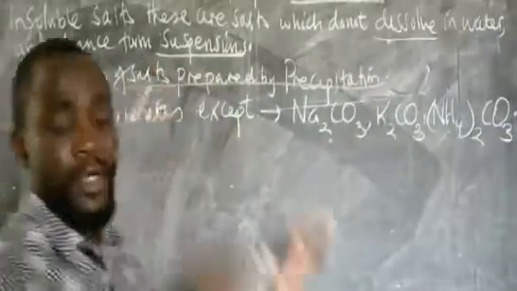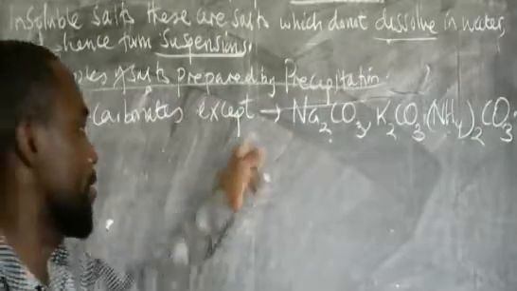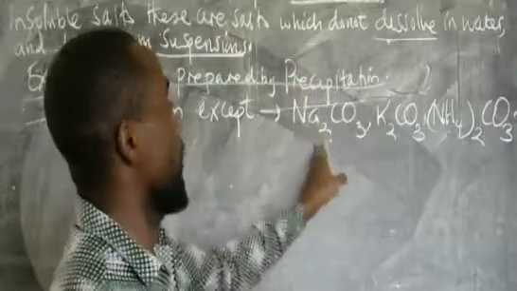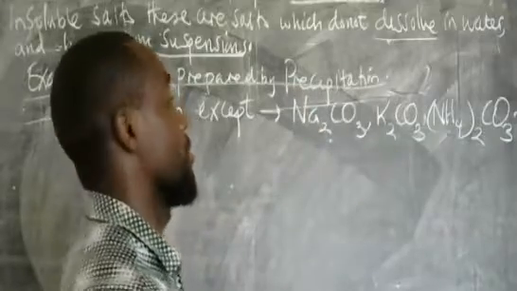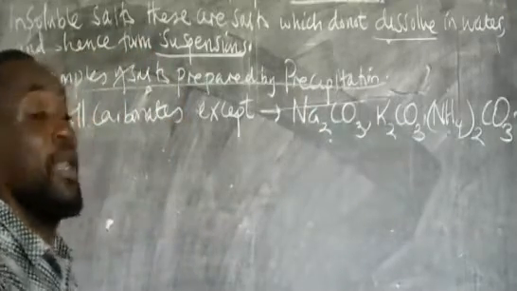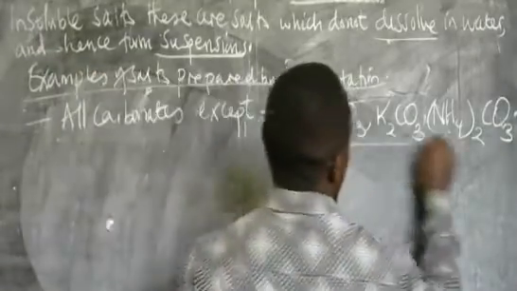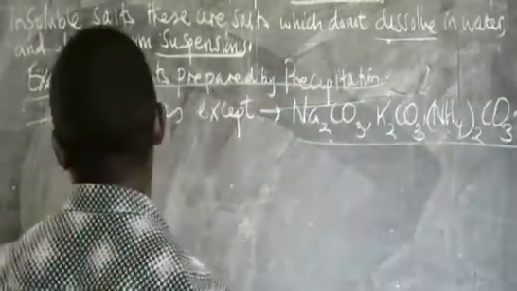The rest of the carbonates are insoluble in water, but sodium carbonate, potassium carbonate, and ammonium carbonate are highly soluble in water. So these ones cannot be prepared by the precipitation method.